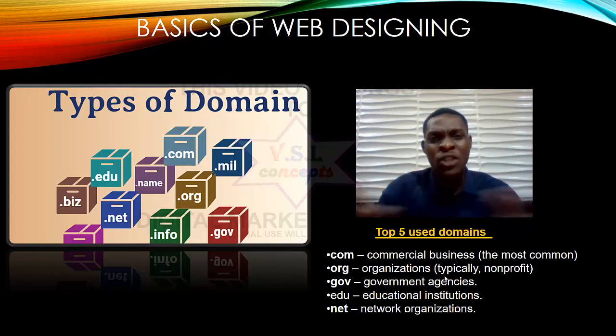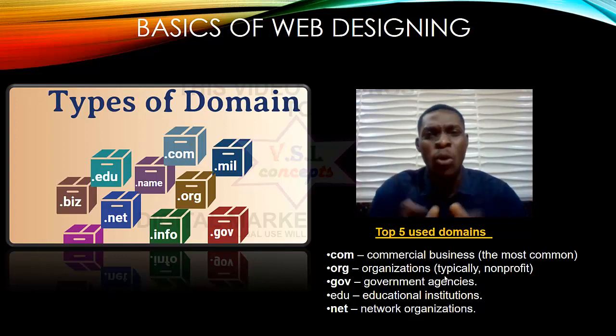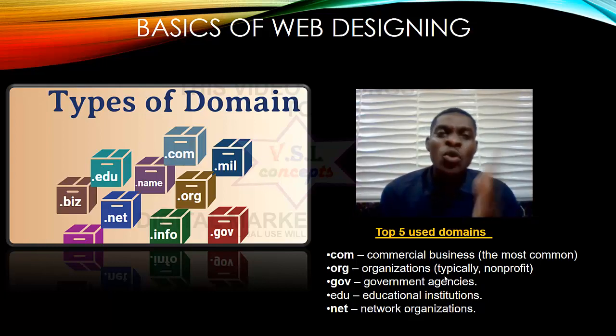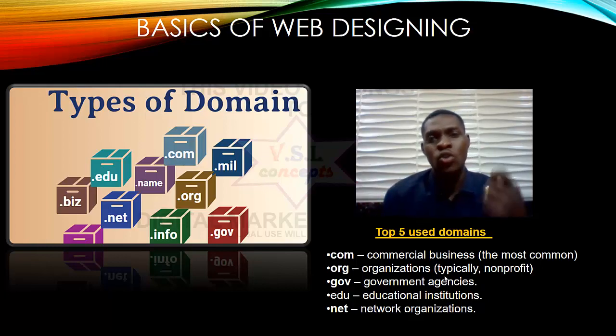Look at most of the religious websites you see all around the world today. They fall under the category of what? .org. So I am categorically telling you right now that if you want to design any religious website, the domain name you must buy is a .org domain name. If you want to design a website for an NGO, for a non-profit organization, you use a .org domain name.